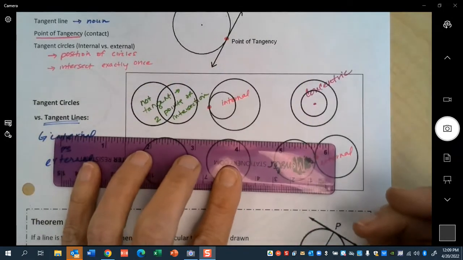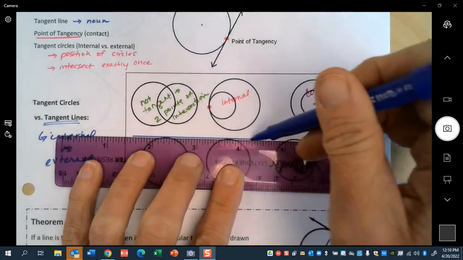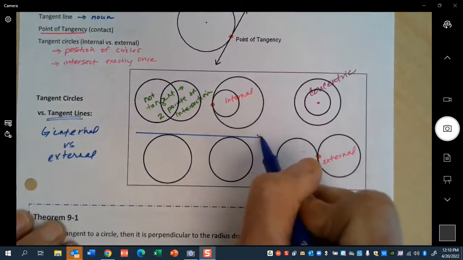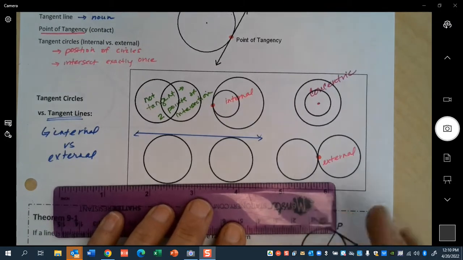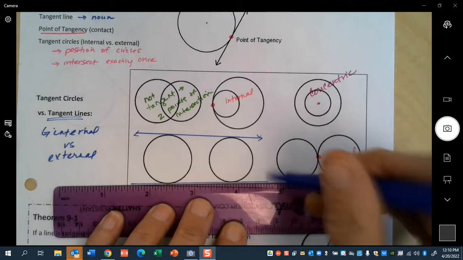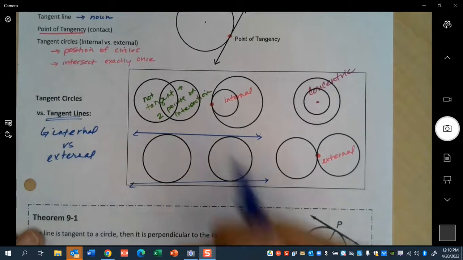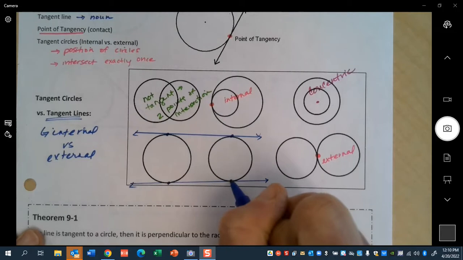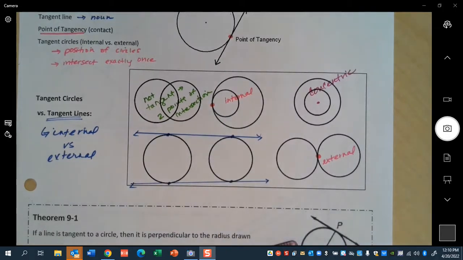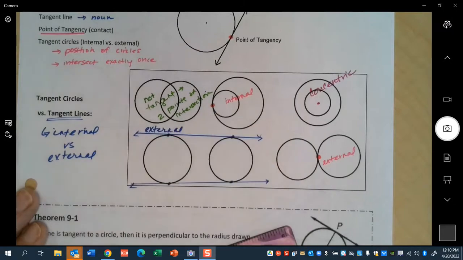If I have tangent lines that touch two circles, we can say these are external tangent lines. And that externally tangent line hits those circles one time each, and they are outside of the circle. These guys are external tangent lines.